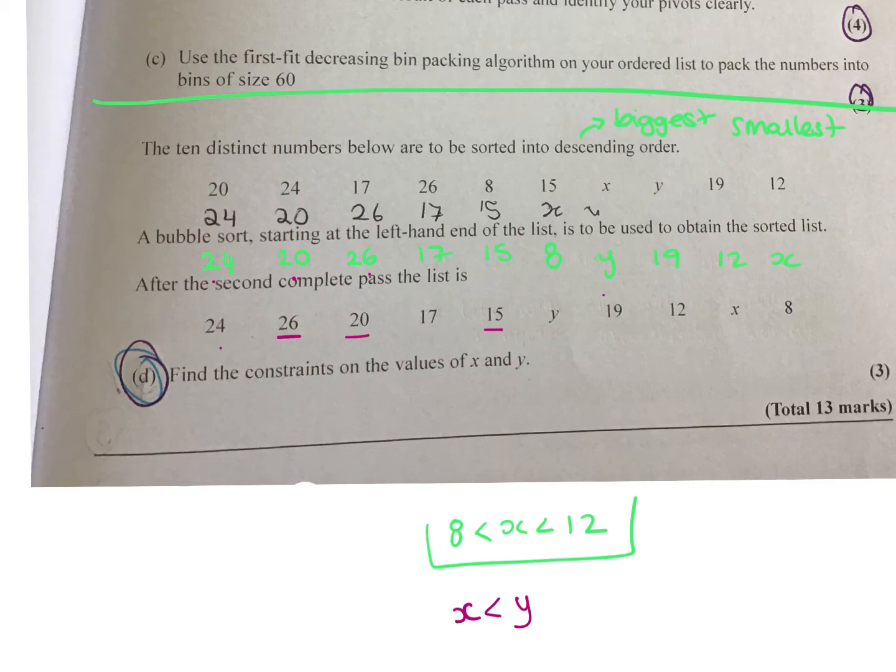Now I've just checked the mark scheme. I think they allow you 1 mark if you do get Y is greater than 8, because we've just established that. But then we also established earlier that Y is greater than X because we swapped it in the one before, and that's all the information we know.